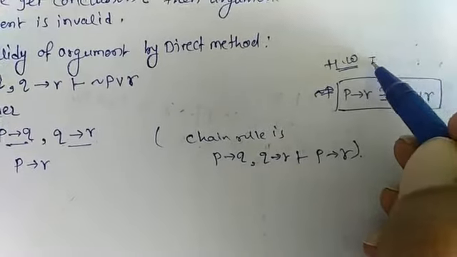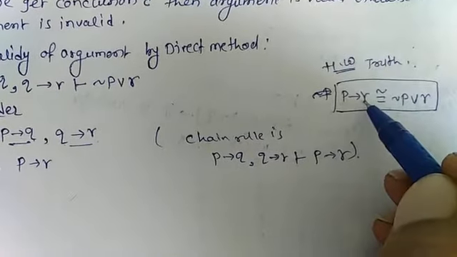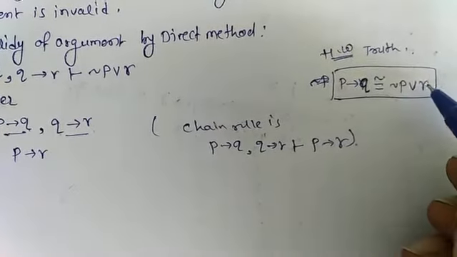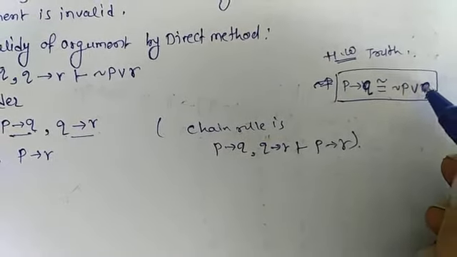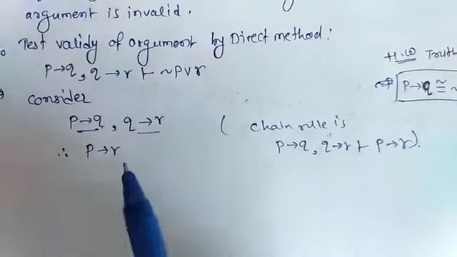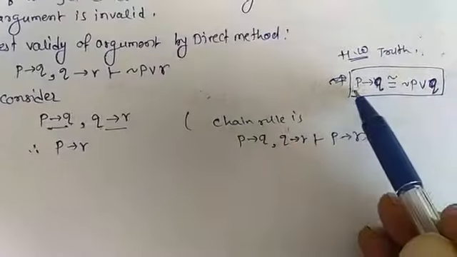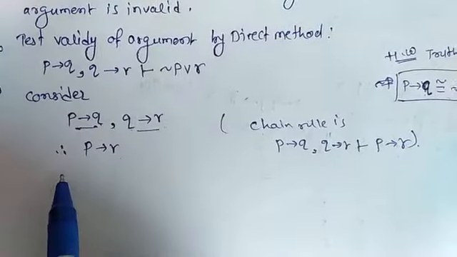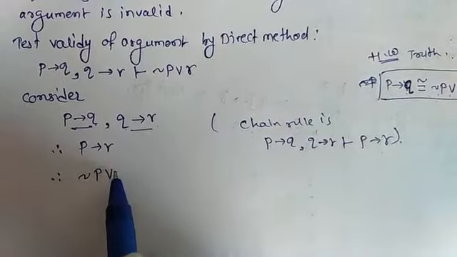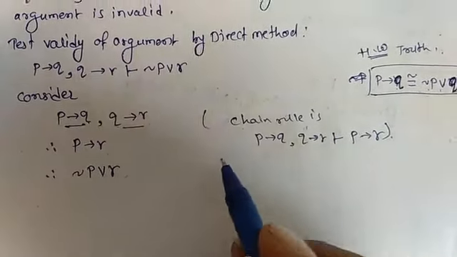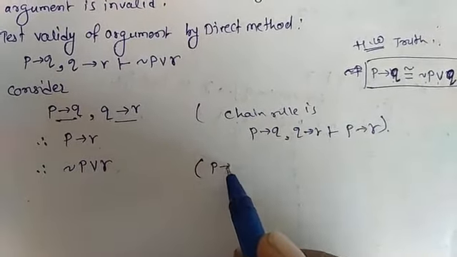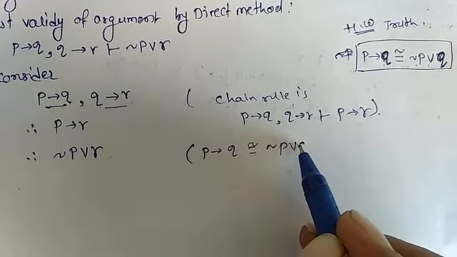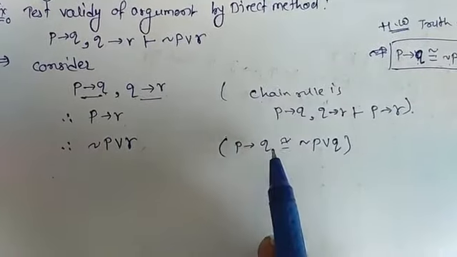You may check by truth table that P implies Q is logically equivalent to negation of P or Q. Now here it is P implies R, so P implies R can be written as negation of P or R. So we get negation of P or R. We have used the rule that P implies Q is logically equivalent to negation P or Q.